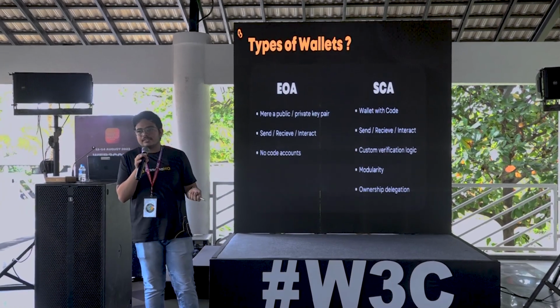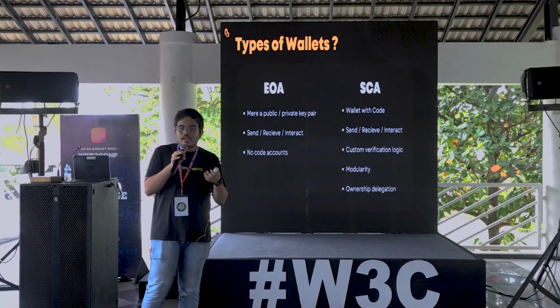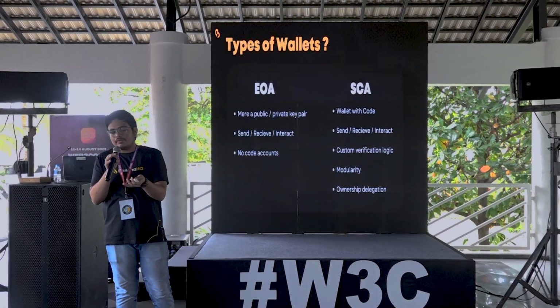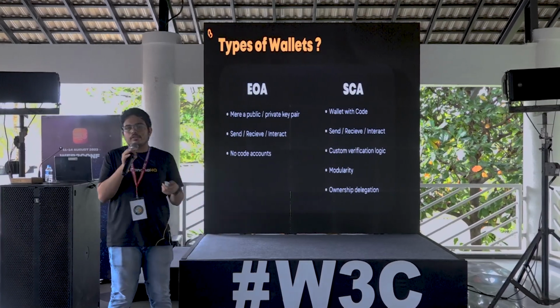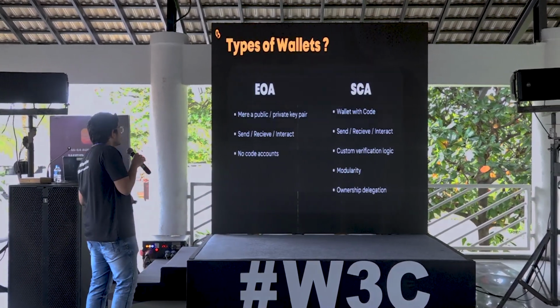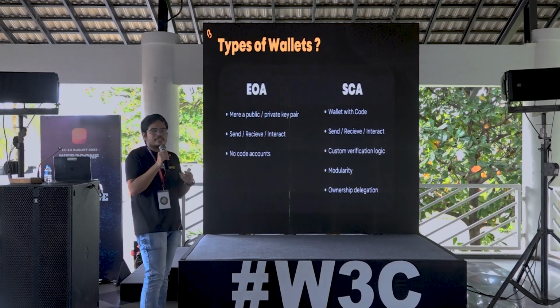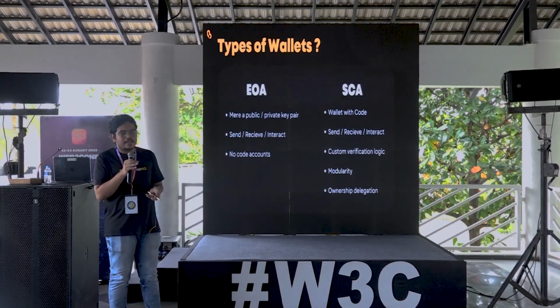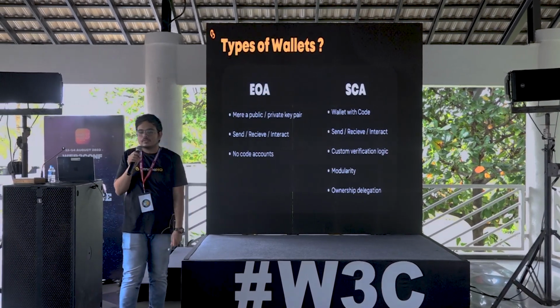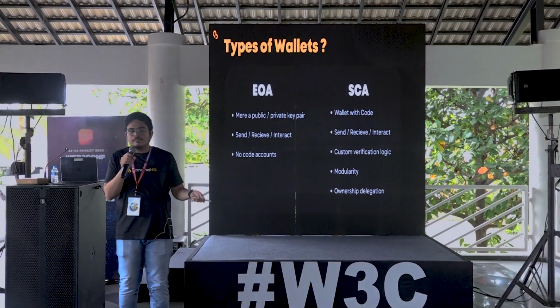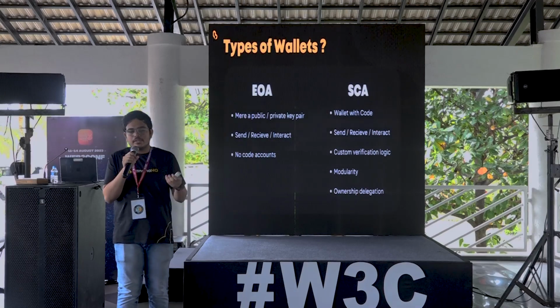That signature follows the K1 mechanism, and we already have a K1-based precompile available on chain, which helps verify authority over that particular transaction. You can use an EOA for sending money, receiving money, and interacting with the blockchain. EOAs are no-code accounts, merely a public-private key pair which just helps you send, receive, and interact.